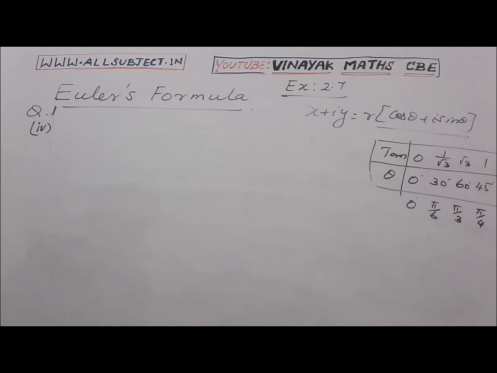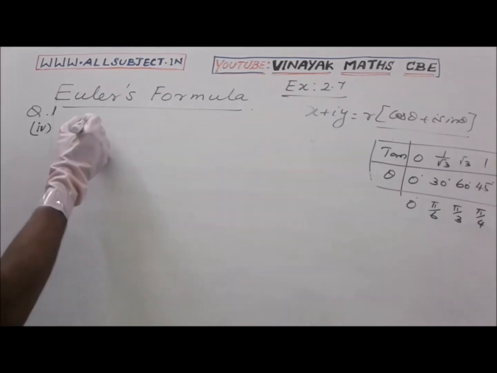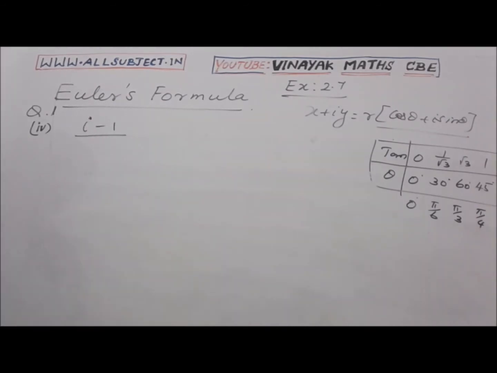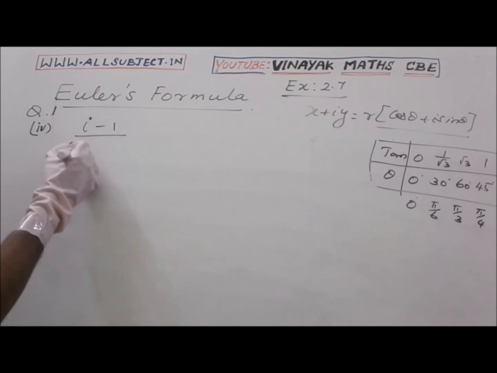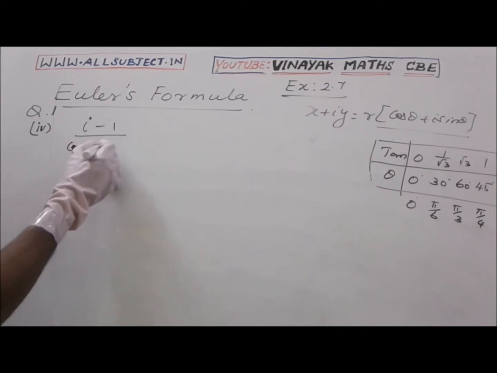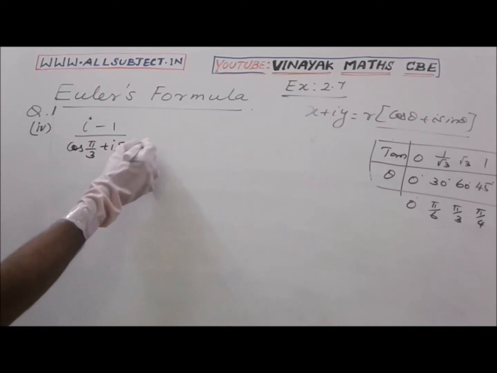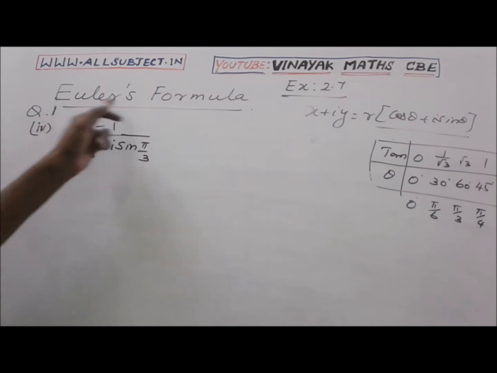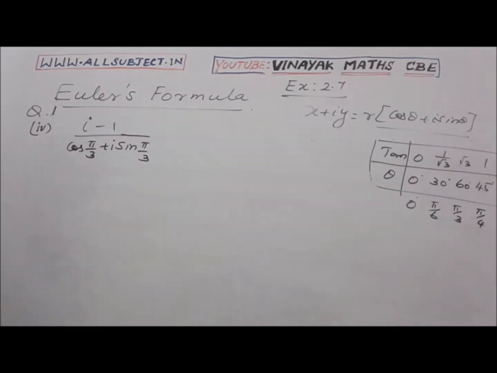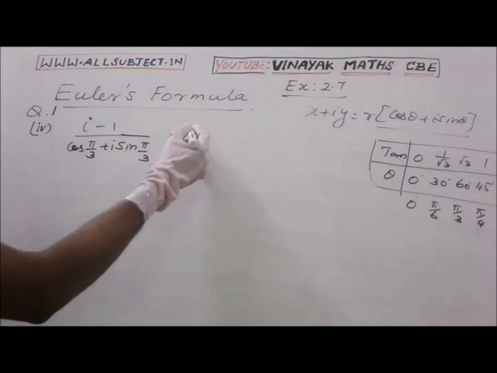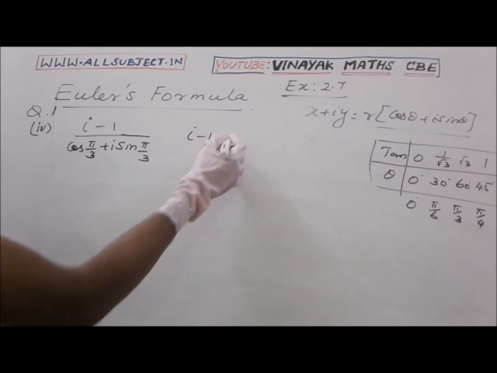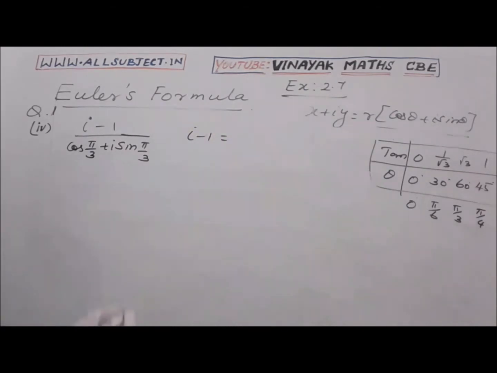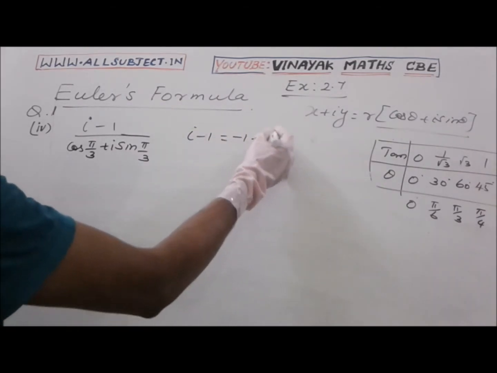Question number 1, subdivision number 4: i minus 1 by cos pi by 3 plus i sin pi by 3 is given. First write the numerator in polar form. Given i minus 1, writing in the standard form, it is minus 1 plus i.